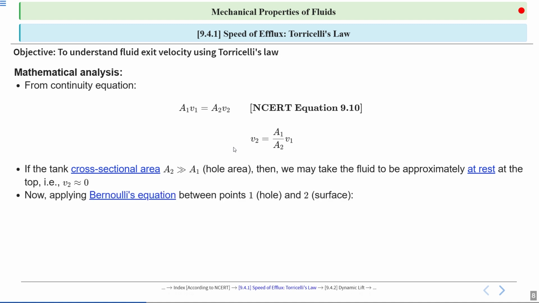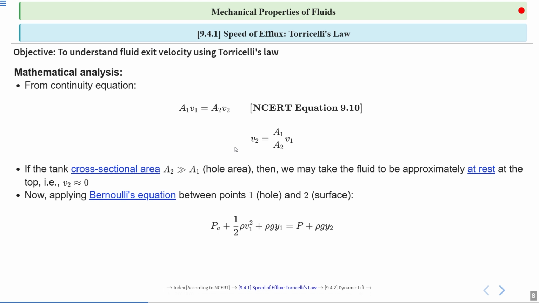Now applying Bernoulli's equation between two points, point one at the hole and point two at the surface of the fluid. The Bernoulli's equation for this situation is PA plus 1/2 rho V1 squared plus rho g y1 is equal to P plus rho g y2.